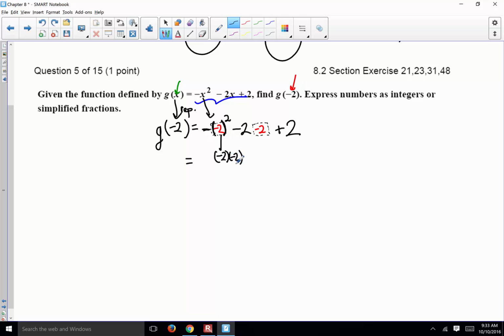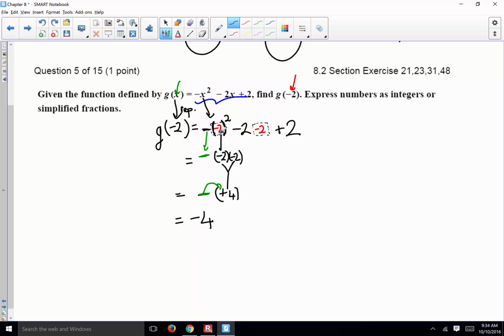Minus squares, 2 squares, and this extra minus is still waiting outside for this to be computed. And when I do these two, it's +4, but minus is waiting again, and multiplies +4 and becomes -4.